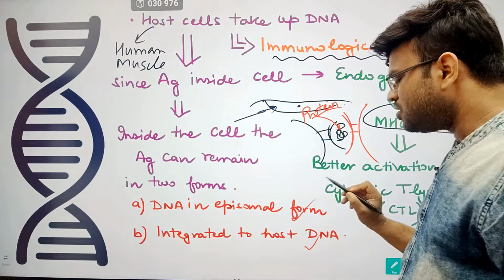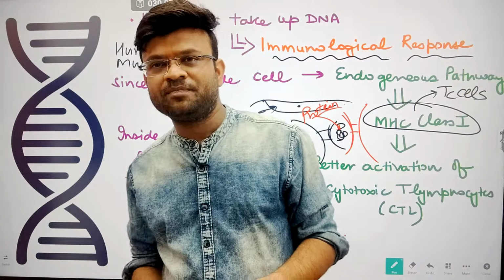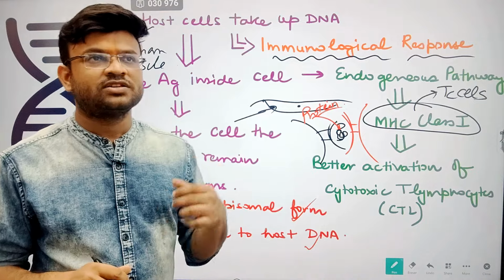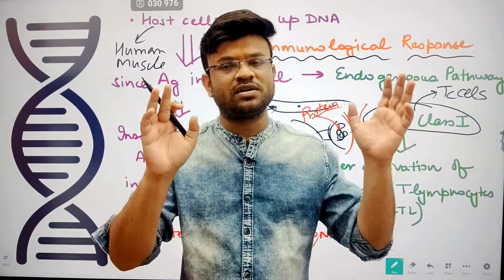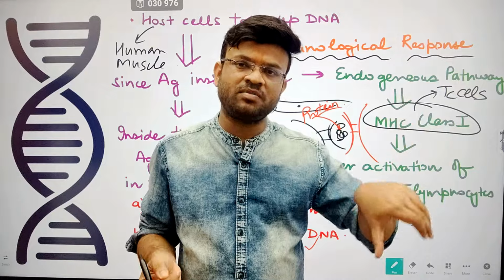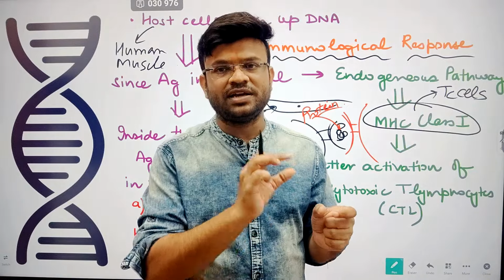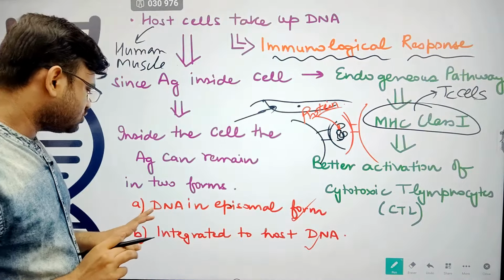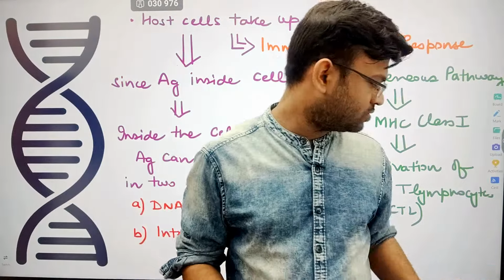This is the first method. Or it can remain as a separate entity inside the cell. That condition also can persist, right? So the first condition is it can stay in the episomal form, that means a separate form, and the other condition is that it can be integrated inside the original chromosomal material. Now, this you have understood, I believe. Let us move on to the next slide.